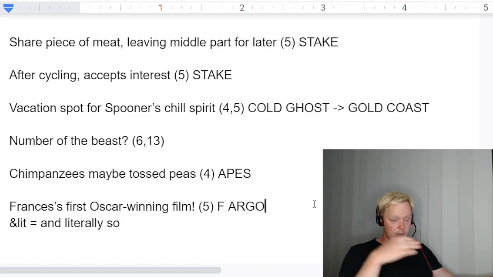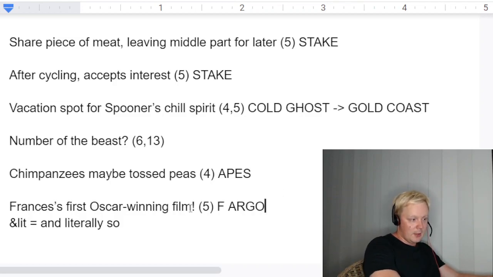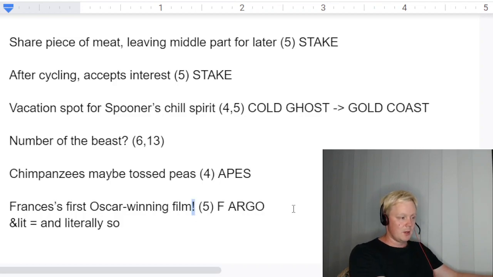It can be just for the surface reading, so it doesn't necessarily mean that. But I think some publications require this exclamation point in an &lit clue. I don't use them myself, so if you're solving my crossword, you're out of luck.